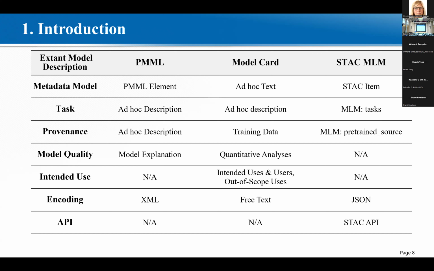And the STAC machine learning model extension is a specification developed in the STAC community, and it uses JSON encoding to represent the model and share models online. So these are three public model descriptions.